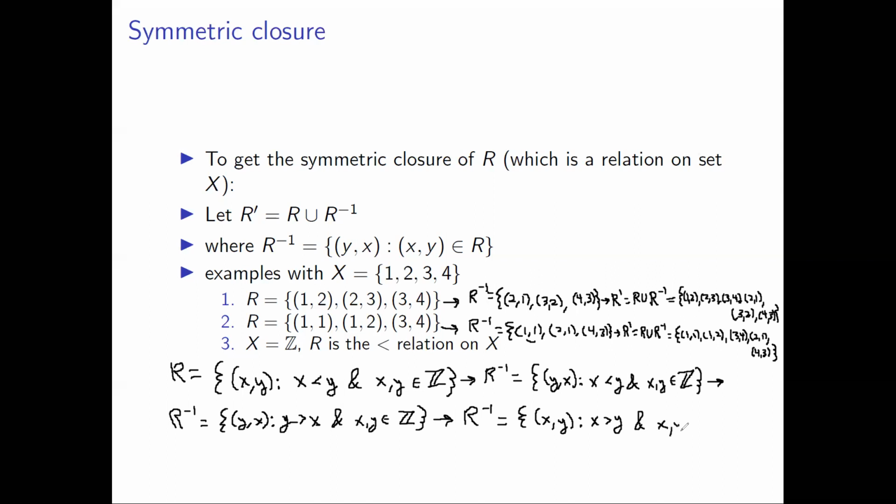They're both still integers. So all I did there is I took the set and renamed the X's as Y's and the Y's as X's. So now I have R inverse in a useful form.